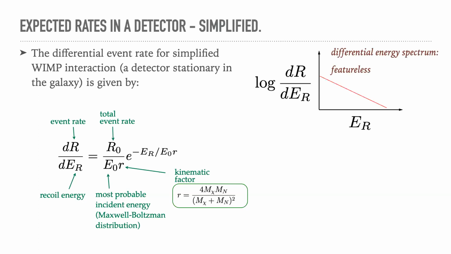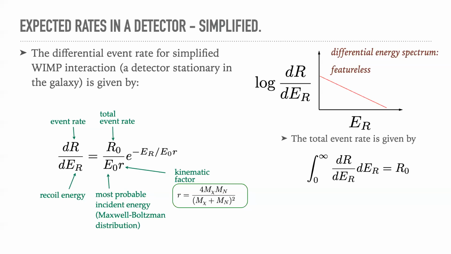Okay, so basically what this means is that if I plot, on a log plot, the differential rate with respect to recoil energy, I have this exponential function that is featureless. It's just an exponential function that you're looking at.